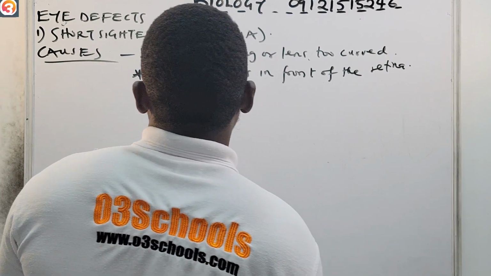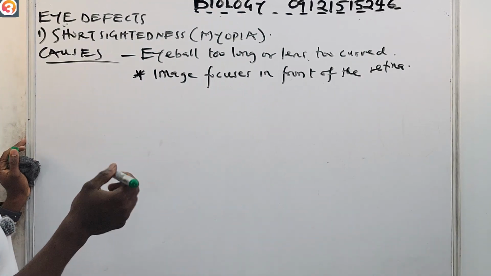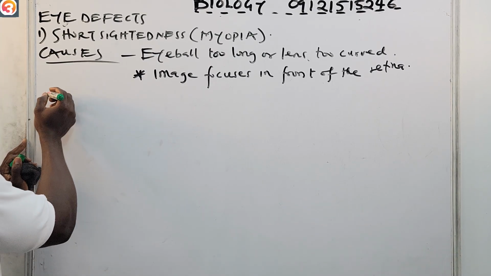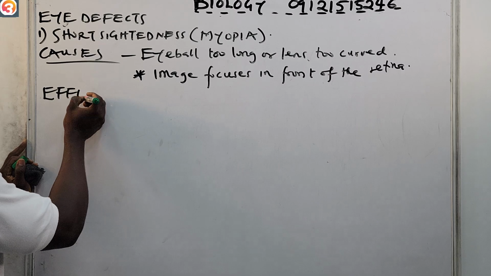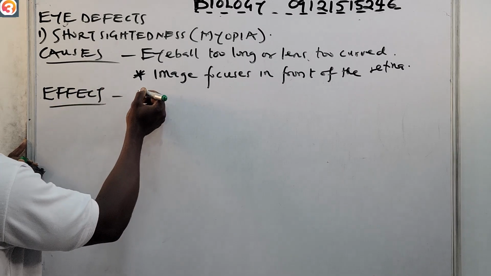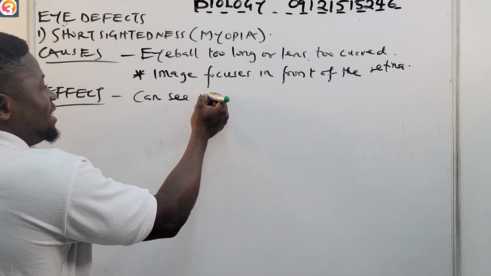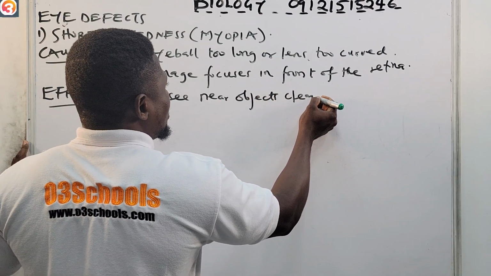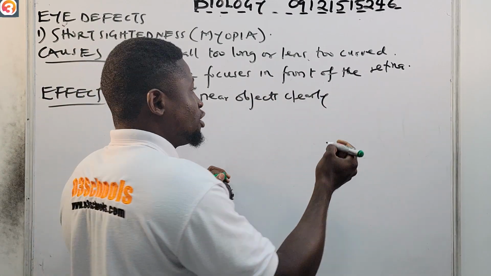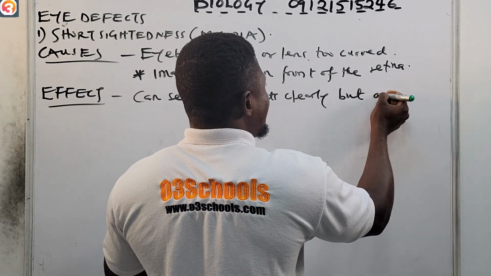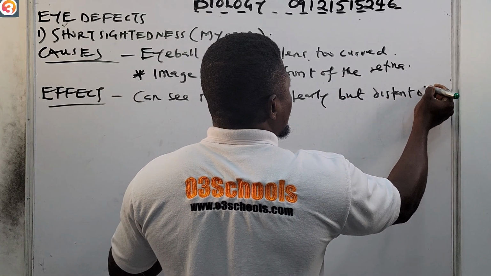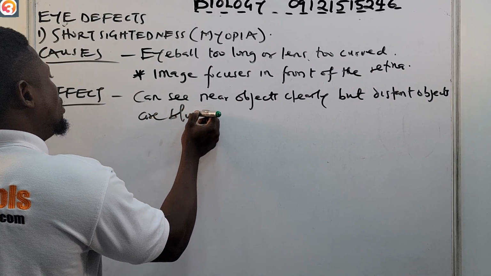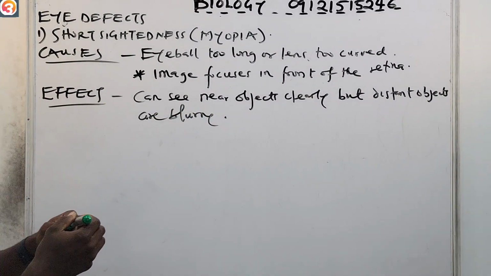Now let us see the effect. You can see near objects clearly, but distant objects become blurry.